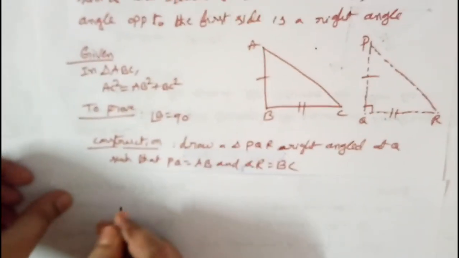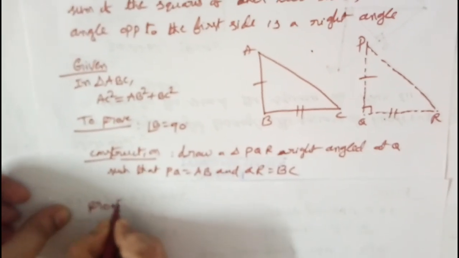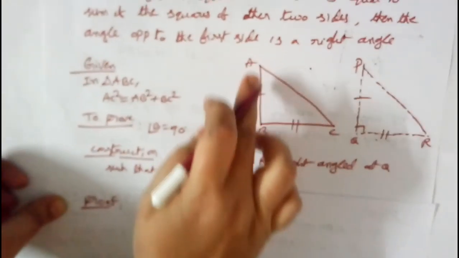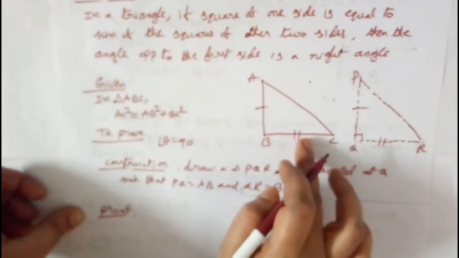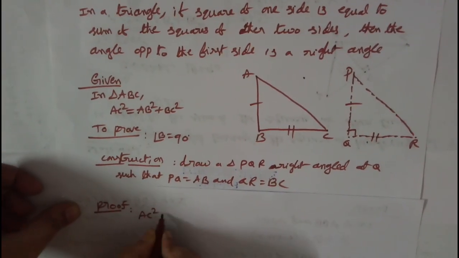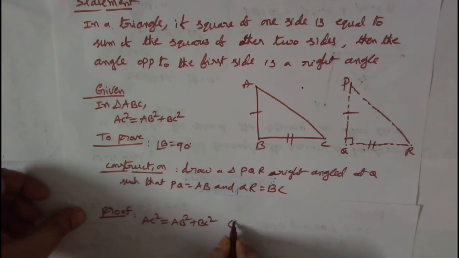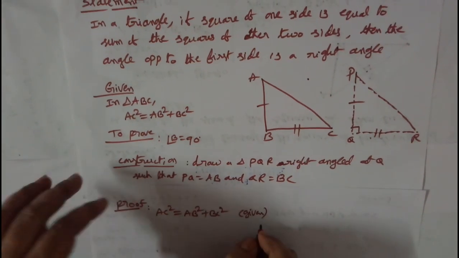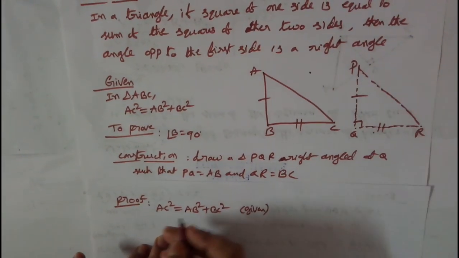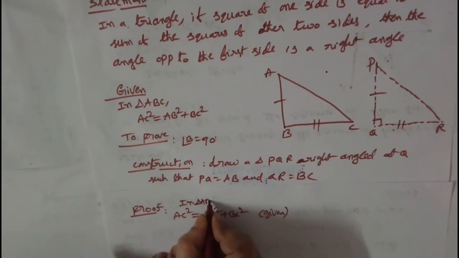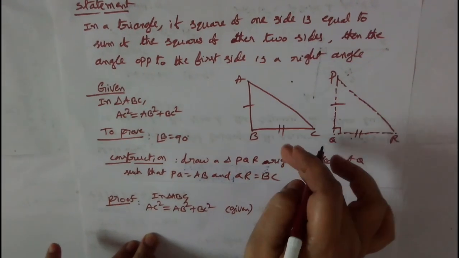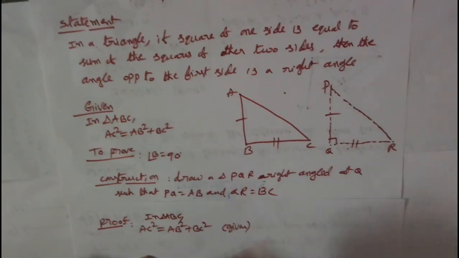Now see the proof. What is given? AC square is equal to AB square plus BC square, given, in triangle ABC. Now consider triangle PQR.